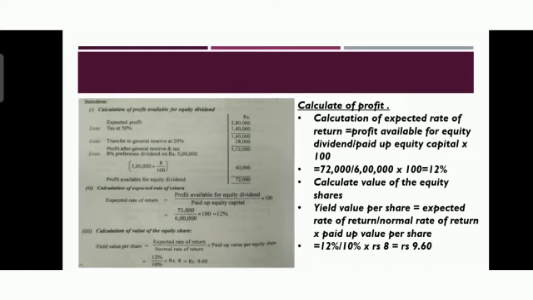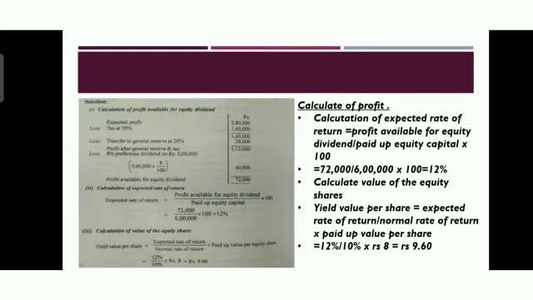Now we are going to calculate the value of the equity share. Yield value per share is equal to accepted rate of returns divided by nominal rate of returns into paid up value per share. Second, we want to calculate the accepted rate of returns.